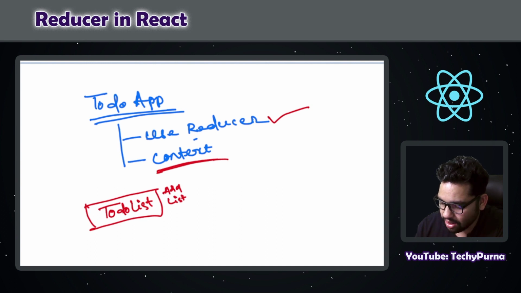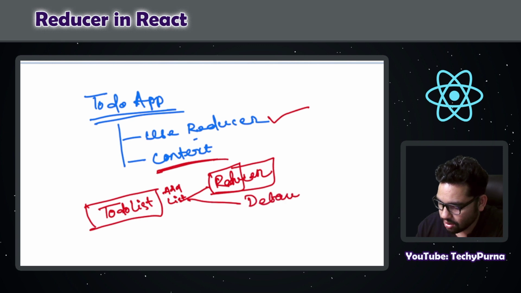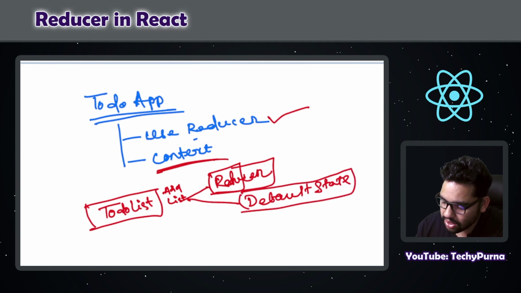Then the reducer is a separate file, that we have already done, and the default state. So these two things are already separated, but still this to-do list is working end-to-end. So in real-world applications, what happens?